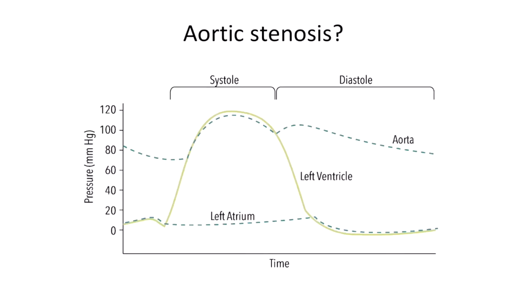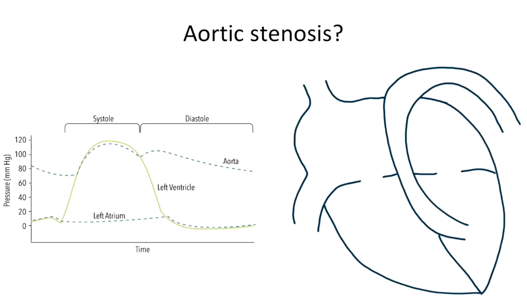Okay, moving on to aortic stenosis. How would the pressure tracing figure change in a patient with aortic stenosis? Let's again add a picture of the heart and briefly review aortic stenosis. Recall that aortic stenosis occurs when the aortic valve is damaged. So I'll draw in a thick aortic valve.